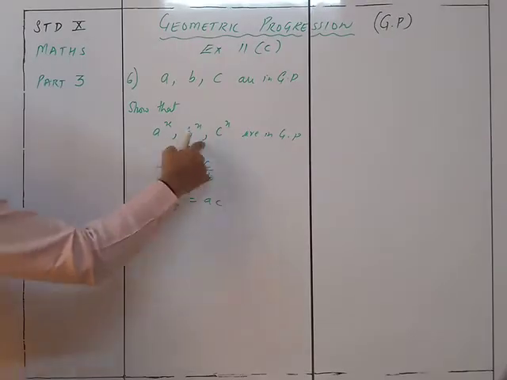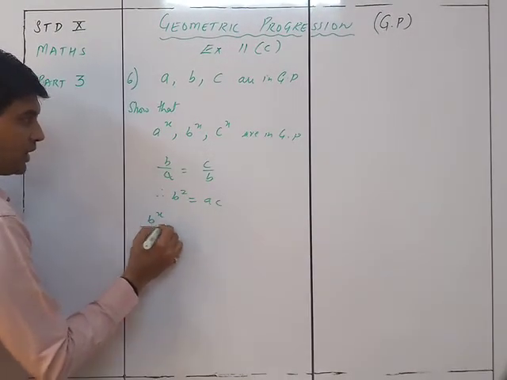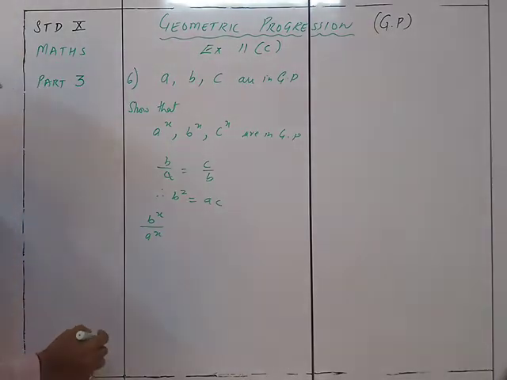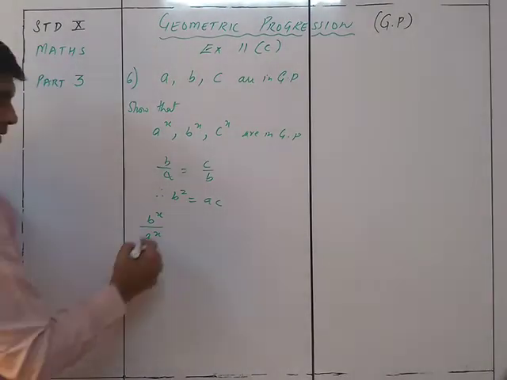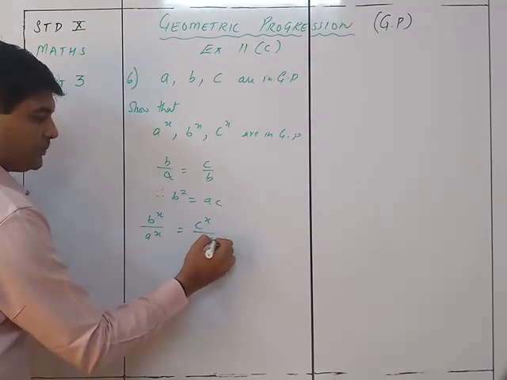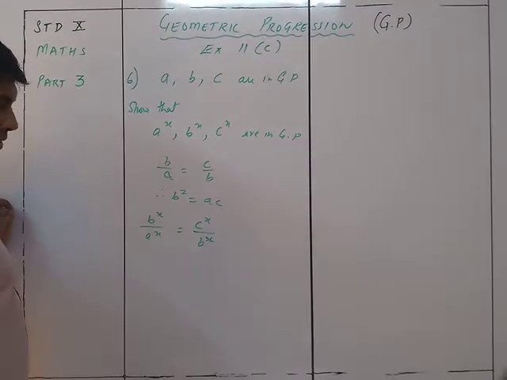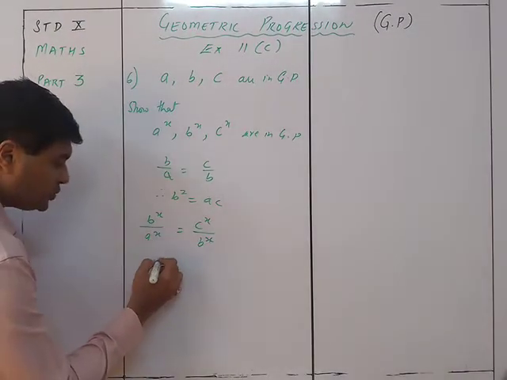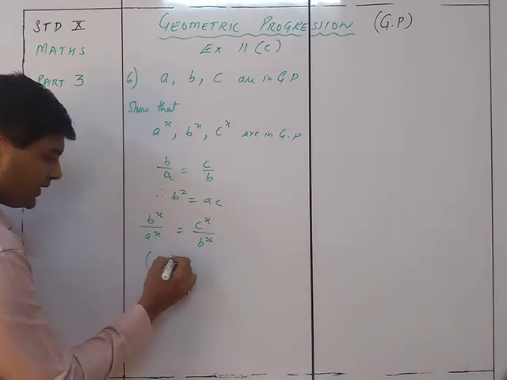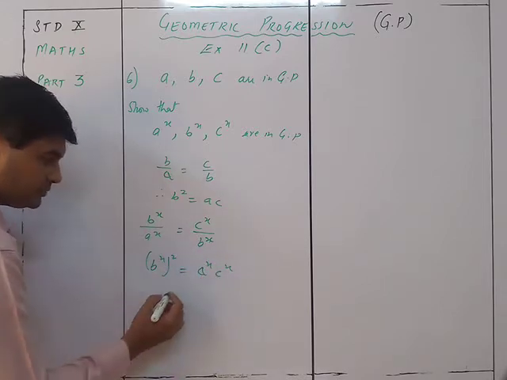Right? Over here, what is going to happen? B raised to x upon A raised to x is equal to C raised to x upon B raised to x. So, suppose we say that this is already in GP. Then what should happen? B raised to x the whole square is equal to A raised to x into C raised to x.